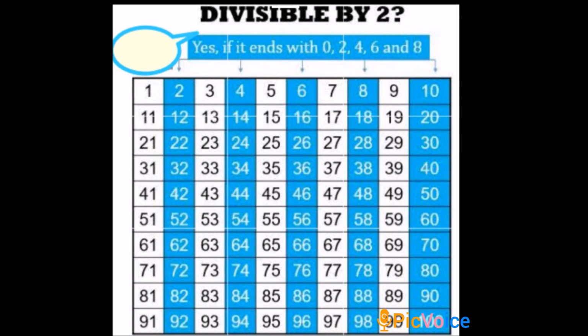So we can easily say they are even numbers. So we can say they are divisible by 2. From this chart, you can easily understand that the highlighted numbers are divisible by 2. It means if you divide these numbers by 2, definitely you get the remainder as 0. It's clear, children?